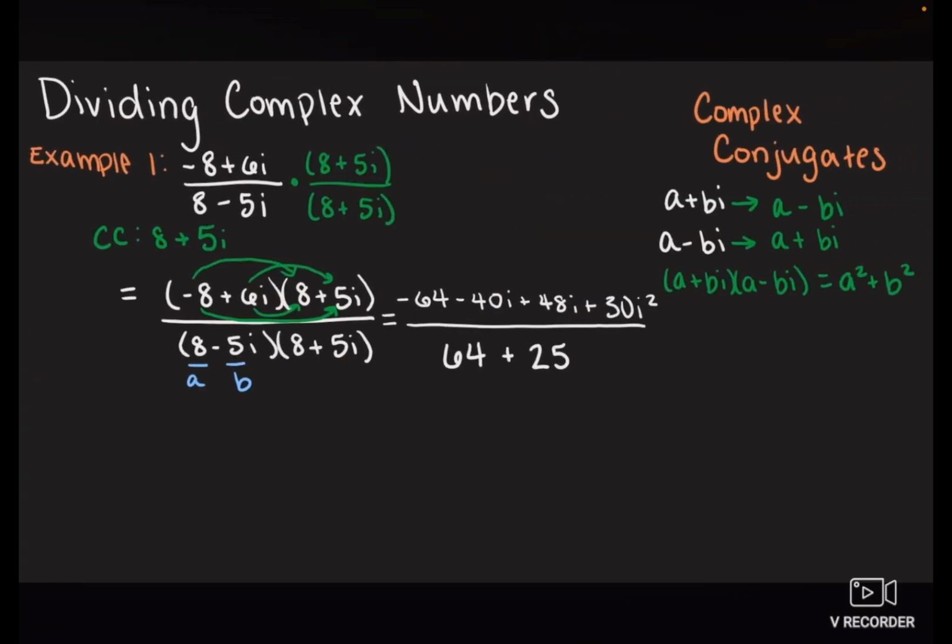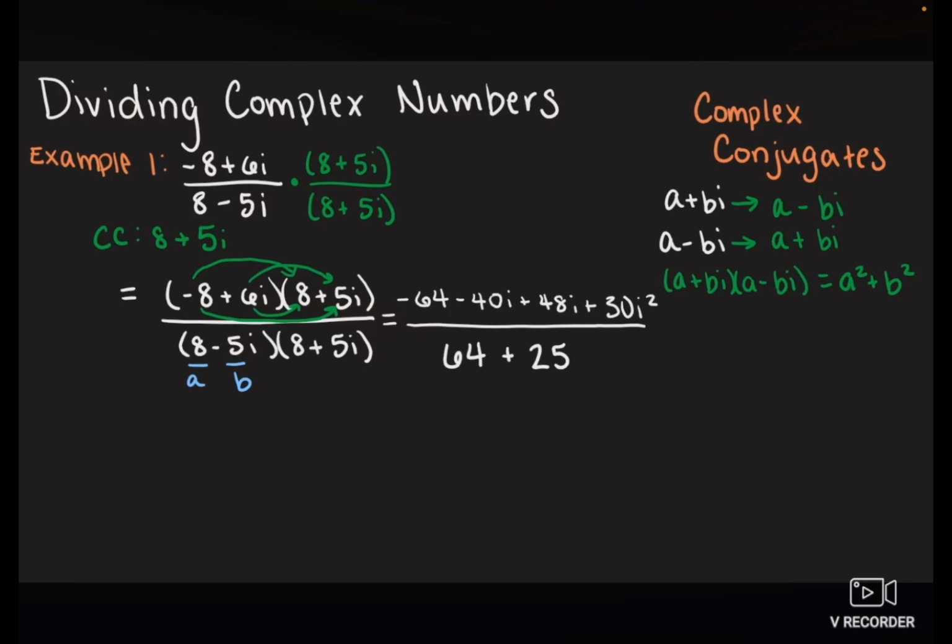So by multiplying the denominator by its complex conjugate, we will get minus 8 plus 6i by 8 minus 5i times 8 plus 5i divided by 8 plus 5i. So minus 8 plus 6i times 8 plus 5i gives minus 64 minus 40i plus 48i plus 30i square divided by 8 minus 5i times 8 plus 5i.